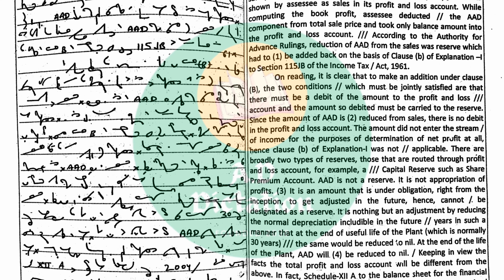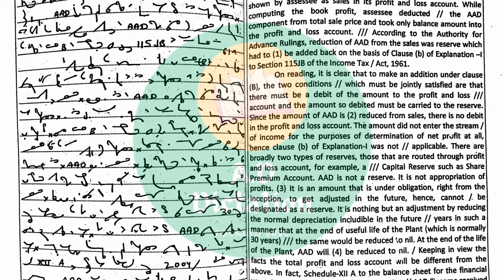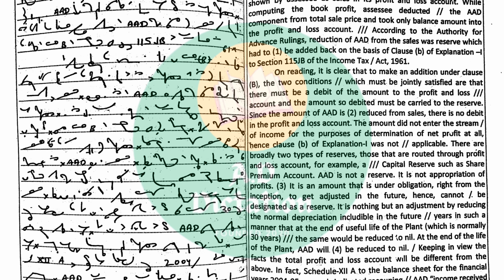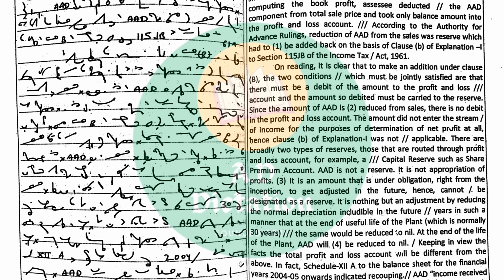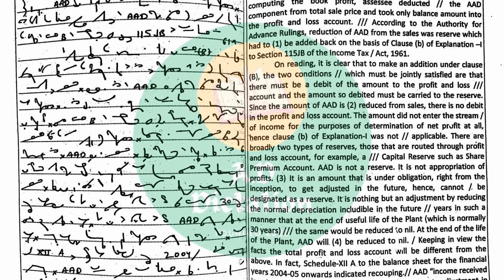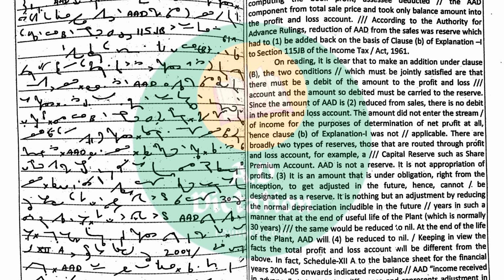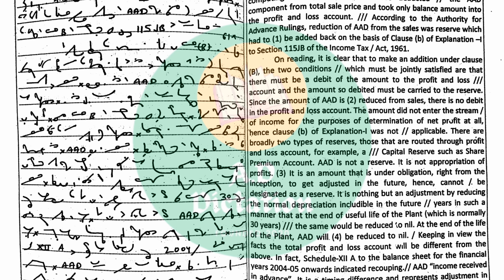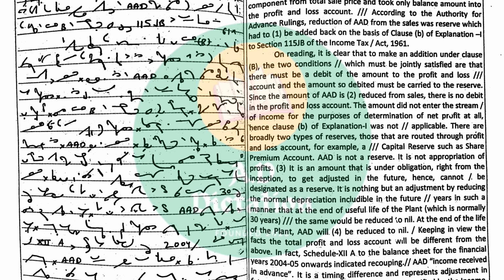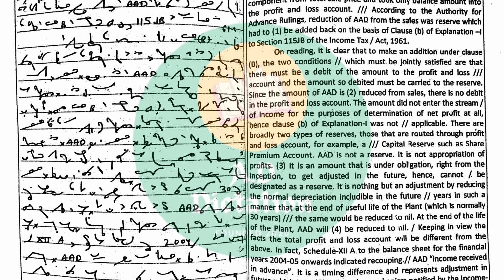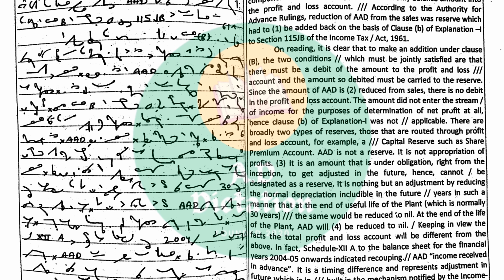Since the amount of AAD is reduced from sales, there is no debit in the profit and loss account. The amount did not enter the stream of income for the purposes of determination of net profit at all. Hence, clause (b) of Explanation 1 was not applicable.